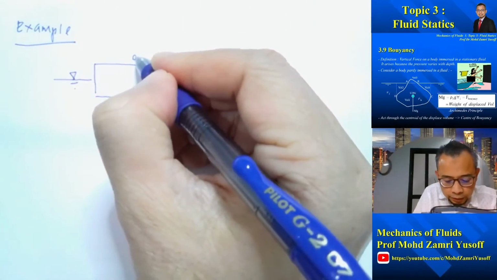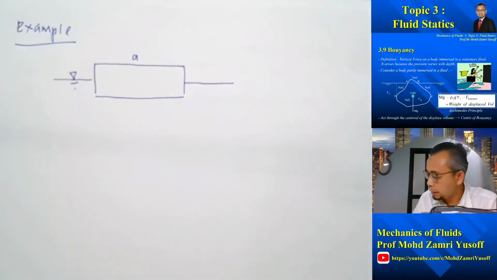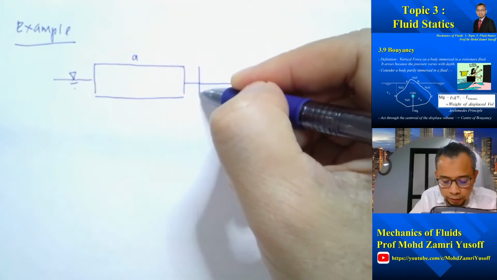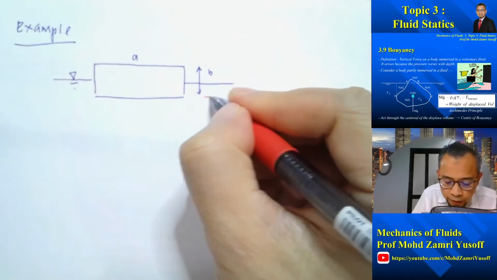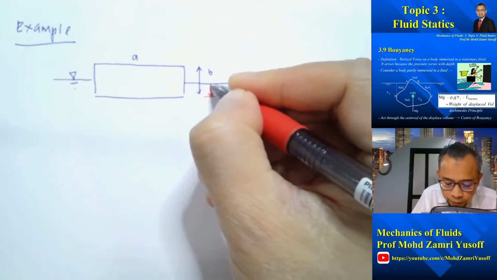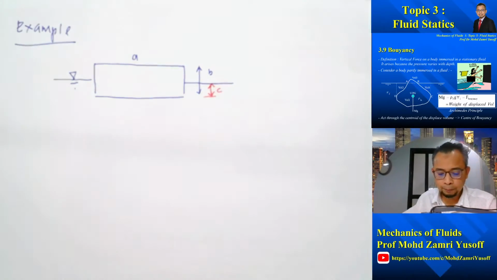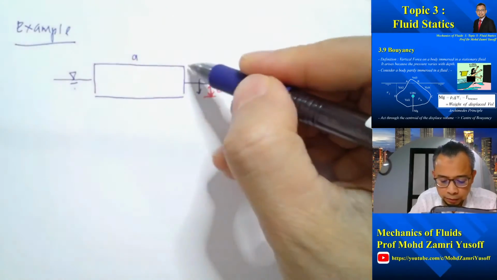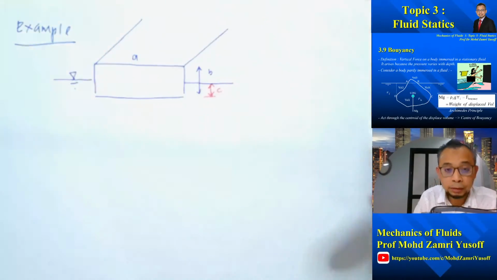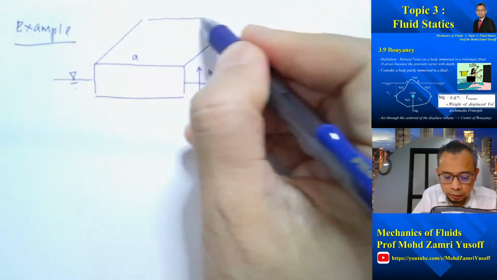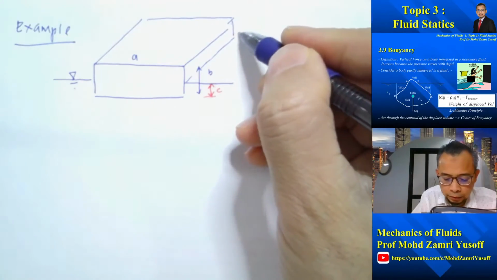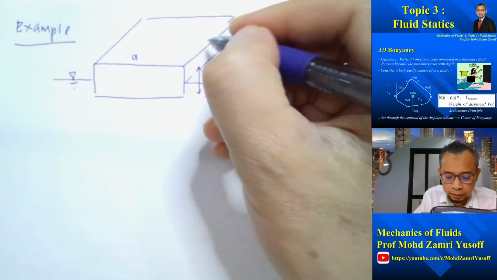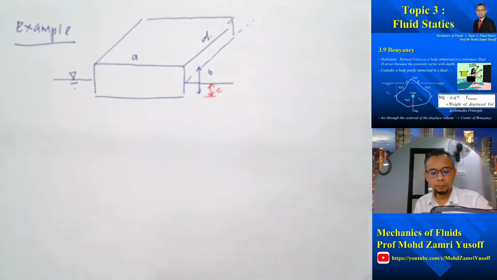Let's say this is equal to A, and this is equal to B, and the part which is underneath the water is equal to C. Then let me draw it in 3D, so it looks like this. The water level is up to there, and this is equal to D.